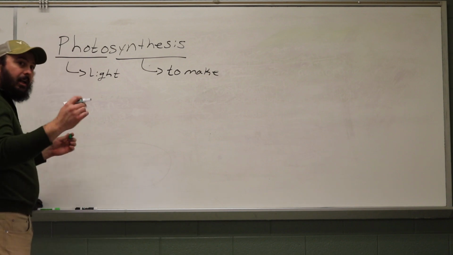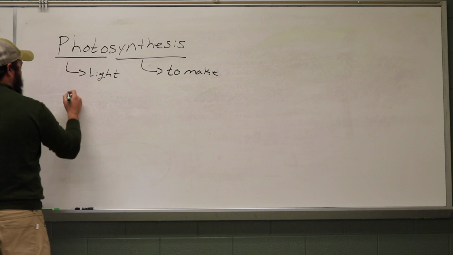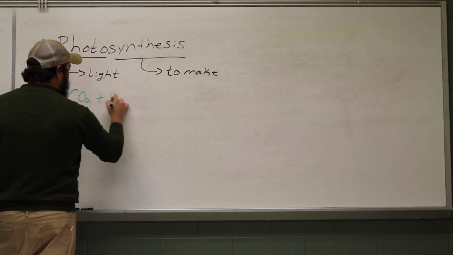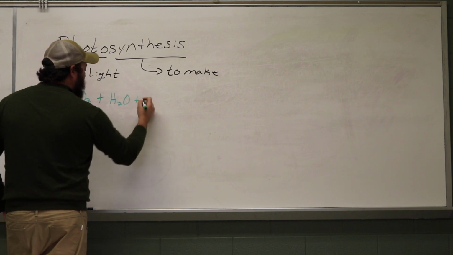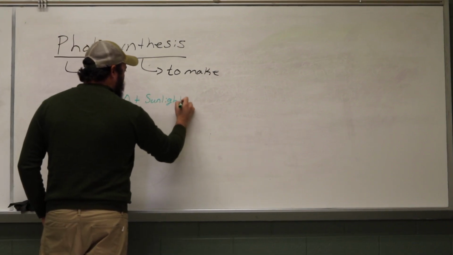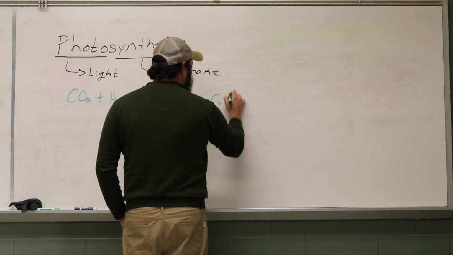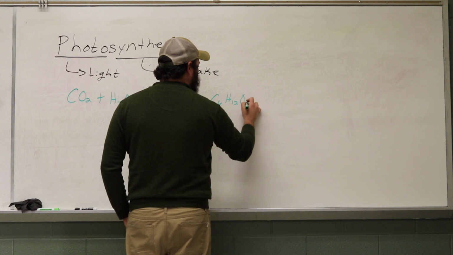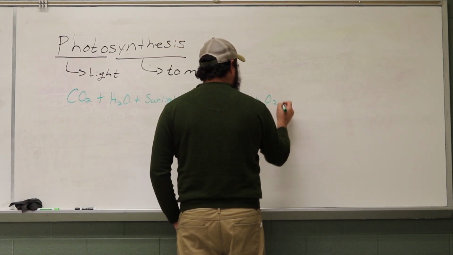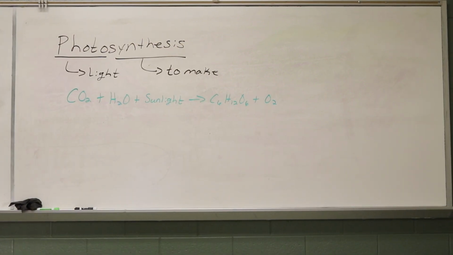To understand that, let's put up an equation. So this equation goes as so. CO2 plus H2O plus sunlight yields C6H12O6 plus oxygen. This equation is the equation for photosynthesis.